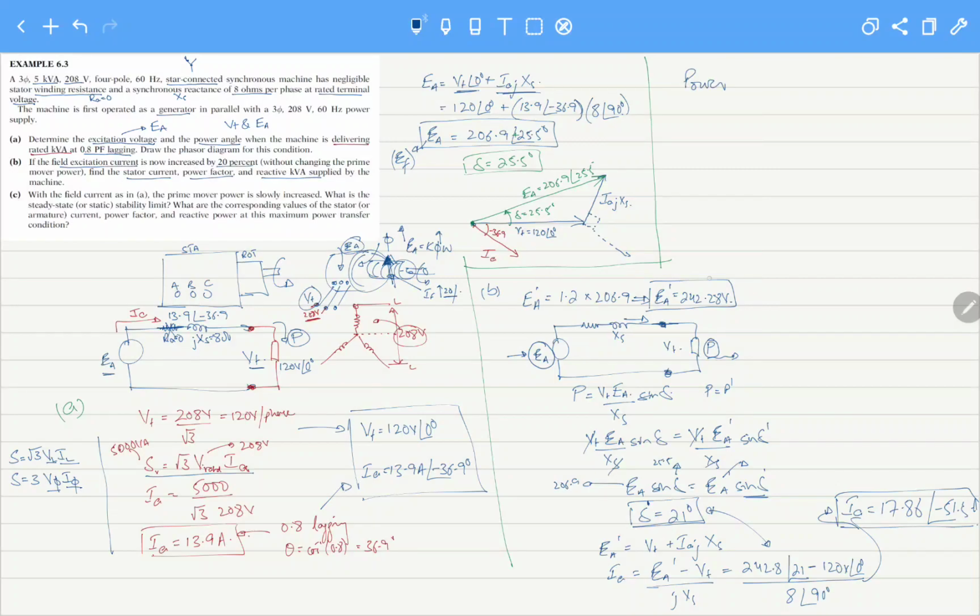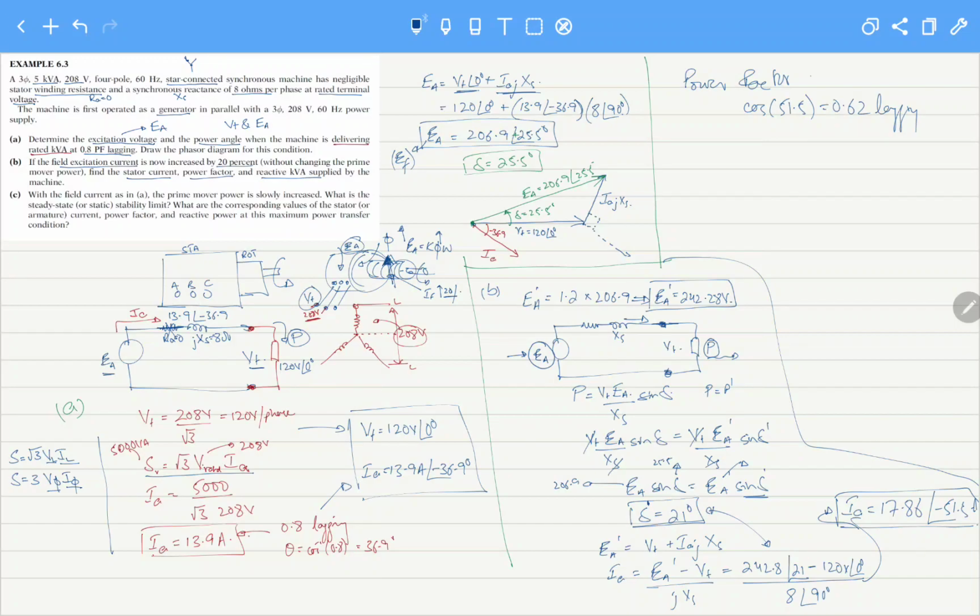The power factor for the machine will be the cosine of the angle between the voltage and current, which equals 0.62, and as the angle of the current is negative, it is a lagging power factor.